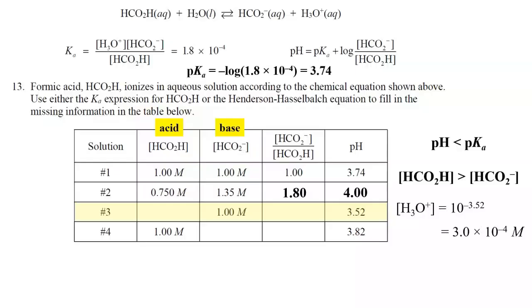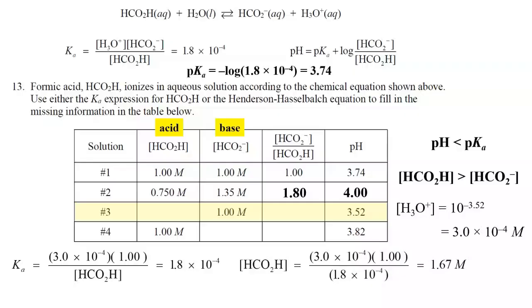Now, let's put that number into the Ka expression. So here is our Ka expression, and I've plugged in the concentration of the hydronium ion, which I got from the pH. I'm going to plug in a concentration of the formate ion on the top, which is 1.00 molar. And since I don't know the concentration of formic acid on the bottom, that's the quantity that I am solving for.